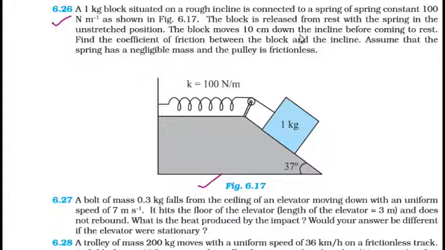The block is released from rest with the spring in the unstretched position. The block moves 10 centimeter down the incline before coming to rest. Find the coefficient of friction between the block and the incline. Assume that the spring has a negligible mass and the pulley is frictionless.